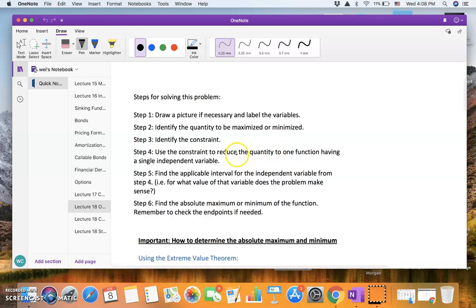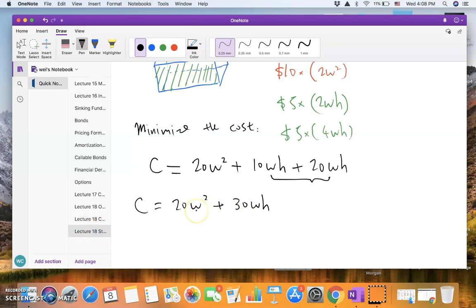Let's go back to look at the strategy. In step 3, we want to identify the constraint. This says there is a relationship between the variables in this quantity, and we want to find that relationship. Why? Because using that relationship, we can reduce the number of variables in this expression.